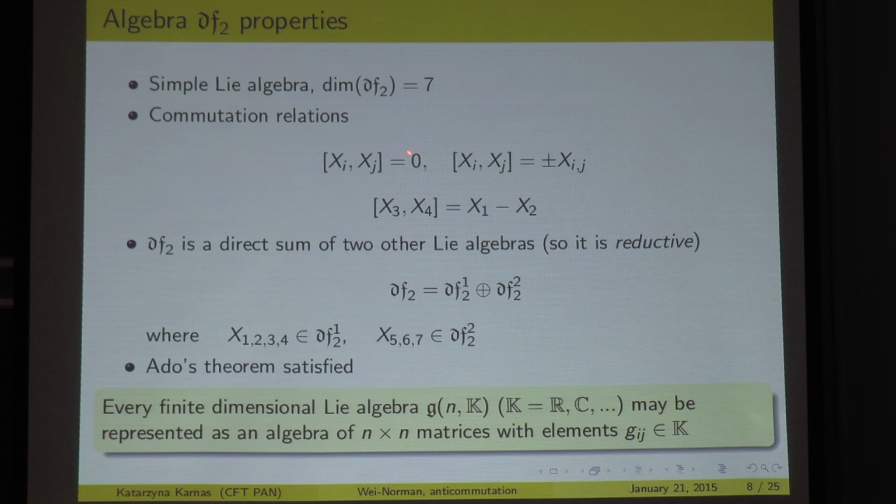Because this case and this case are different. For example, this is the commutator either between x1 and x2 or, for example, x1 and x3. So for some i and j it is 0, and for others it is not.